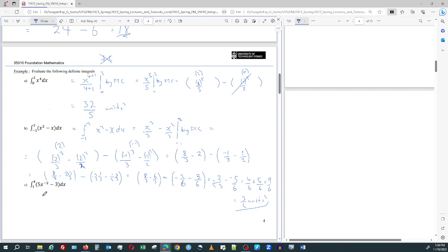Alright, so I'm going to do the integral. Now let's see if you can do it. I'm just going to skip some steps here. So up and under.